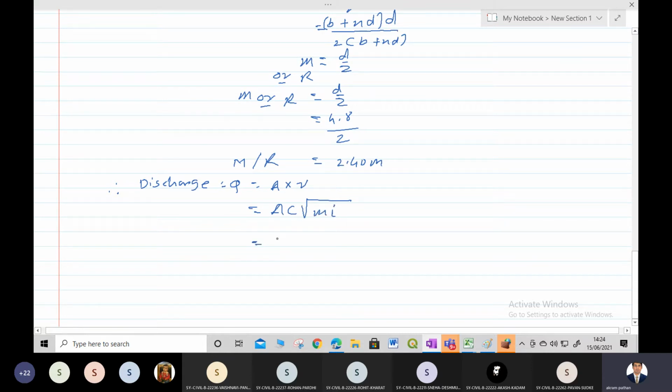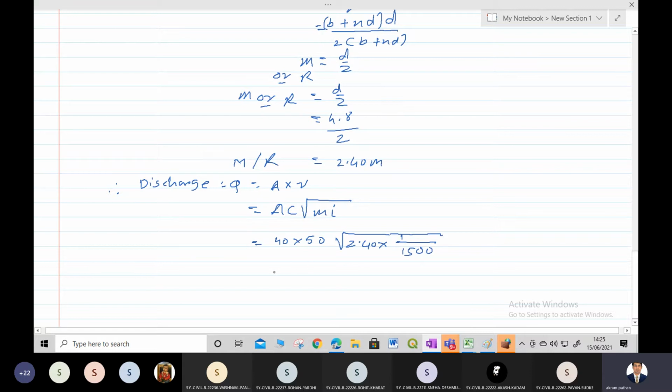Okay, so area is given, 40. Chezy's constant is given, 50. We have calculated m as 2.4, into the bottom slope, which is also given, 1 in 1500.